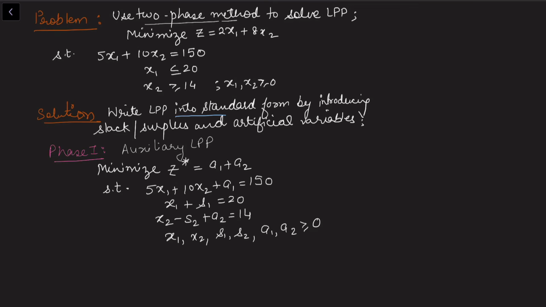I require artificial variables in the first and third constraints because the identity column is missing there, and in the second it is available due to the slack variable. So the objective function becomes minimize Z star equal to A1 plus A2. This is the sum of the artificial variables which I want to minimize, and this is the auxiliary linear programming problem.